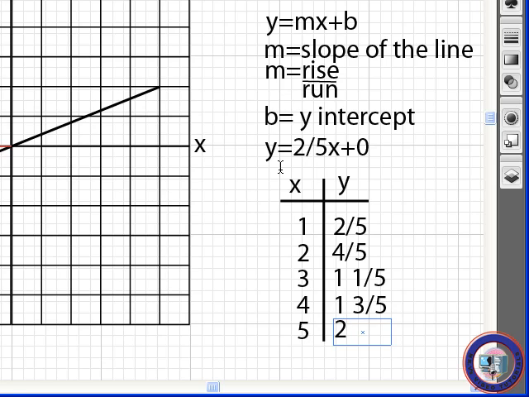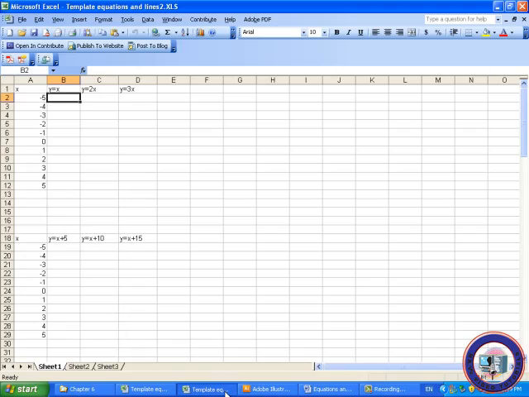First open Microsoft Excel, then you go File, Open, you go to the Common Drive, then Assignments, then Math 9, Chapter 6, and we're going to open up Equations and Lines template. So I'm going to go find that one, and here's the template.